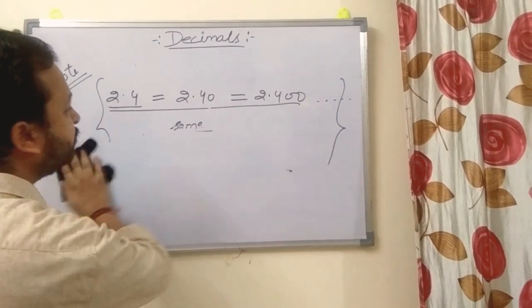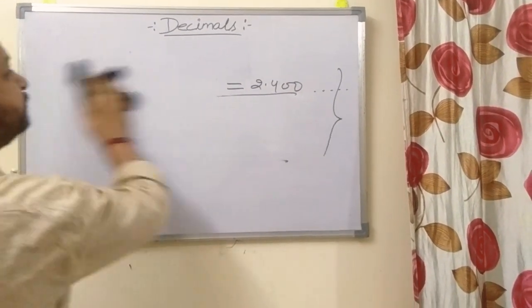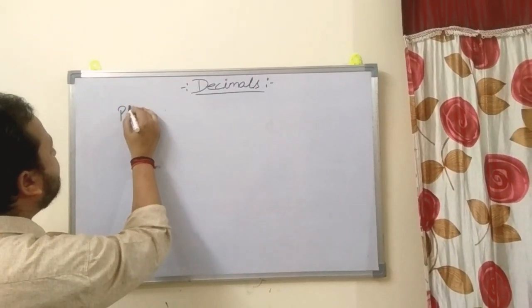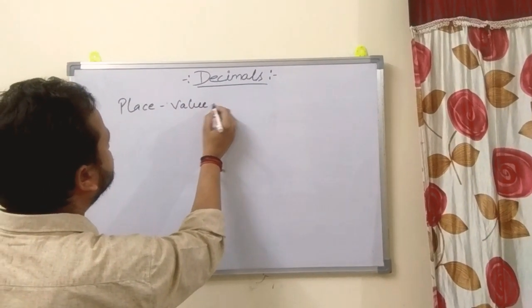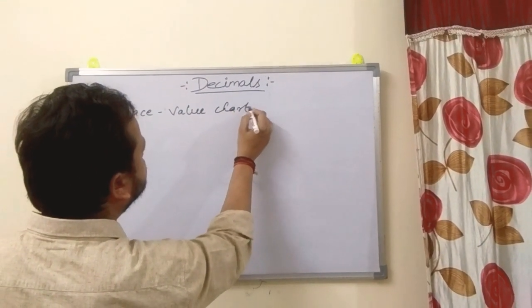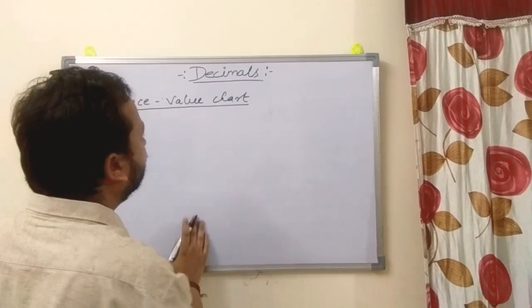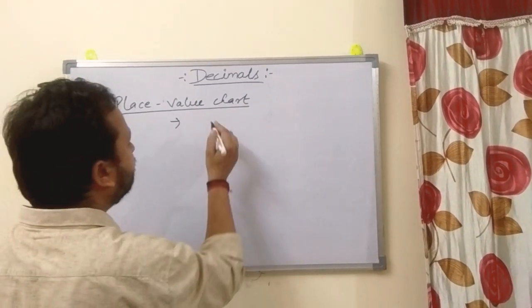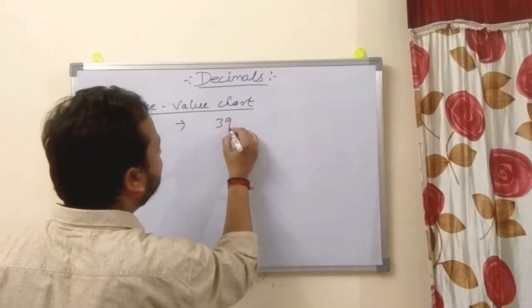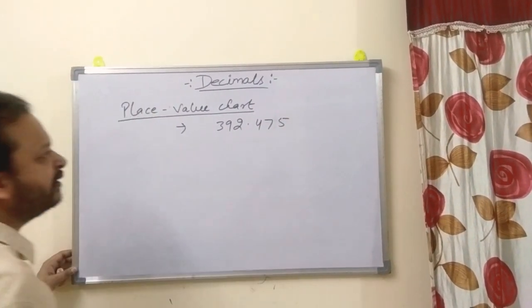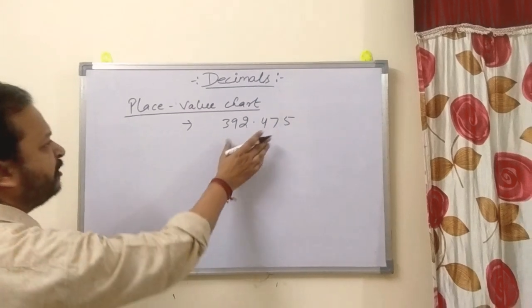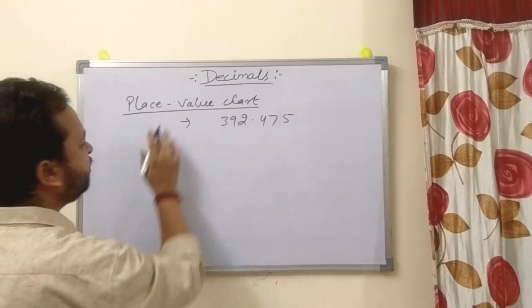Let's come to the next point, which is place value chart. Suppose a number is written as 392.475, right? And you have to put this number into the place value chart.